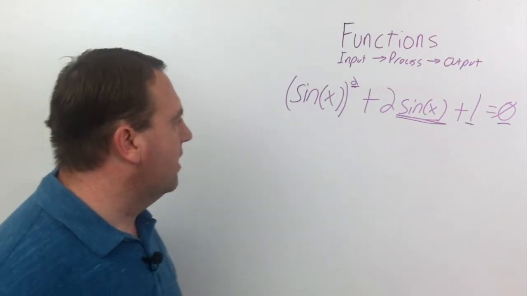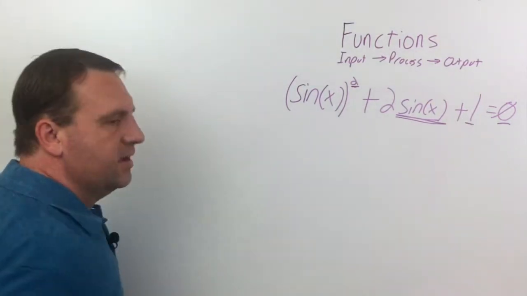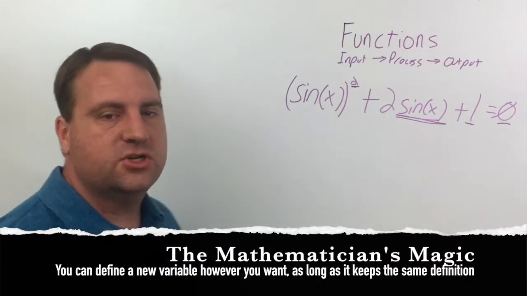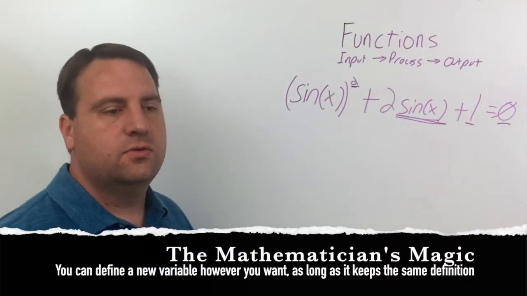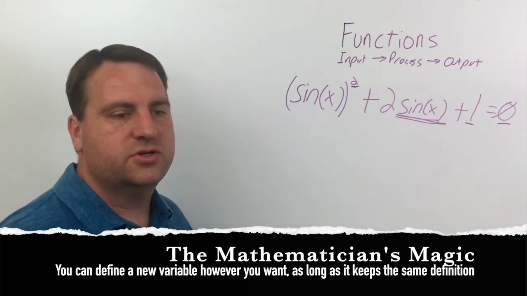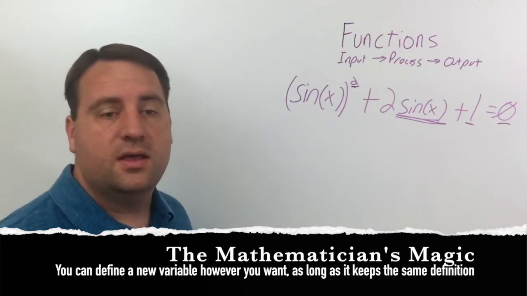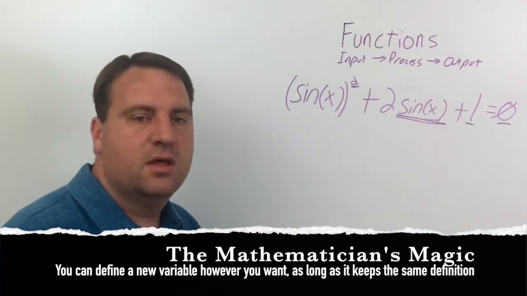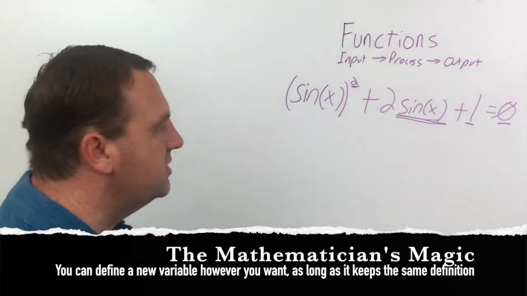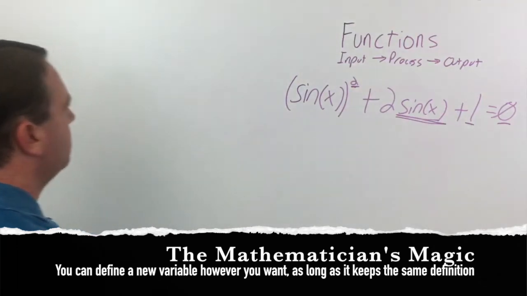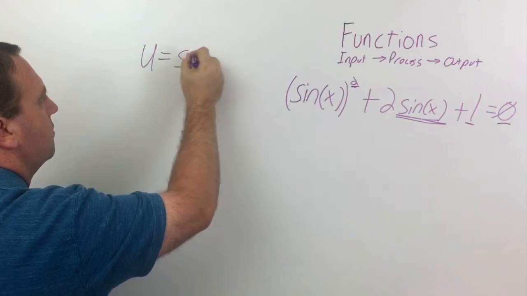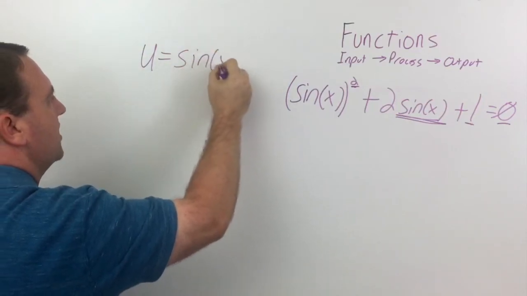Well, we can recognize that sine x is a function. And so what we can do as mathematicians, you're allowed to create functions, variables, anything, as long as once you create it, you leave it the same throughout the rest of the problem. So in this case, we will say u equals sine x, and we would just say that, right?